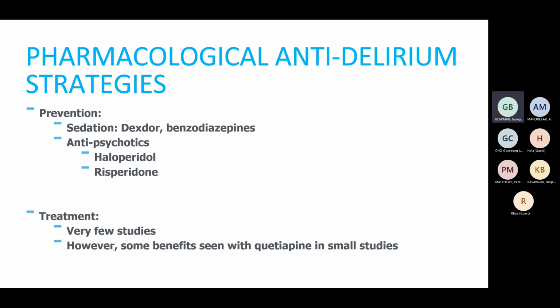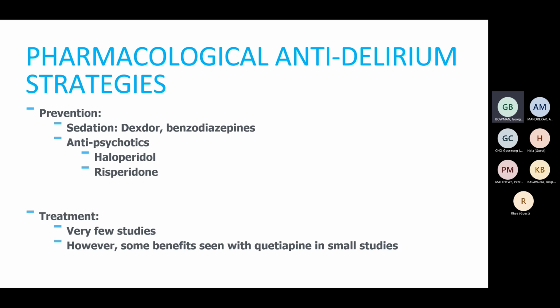And then looking at treatment, again, there are very few studies, very little evidence of pharmacological treatment of delirium. But there are a few small trials looking at quetiapine. There was one that had about 36 patients, quetiapine versus placebo, and that showed a small benefit.